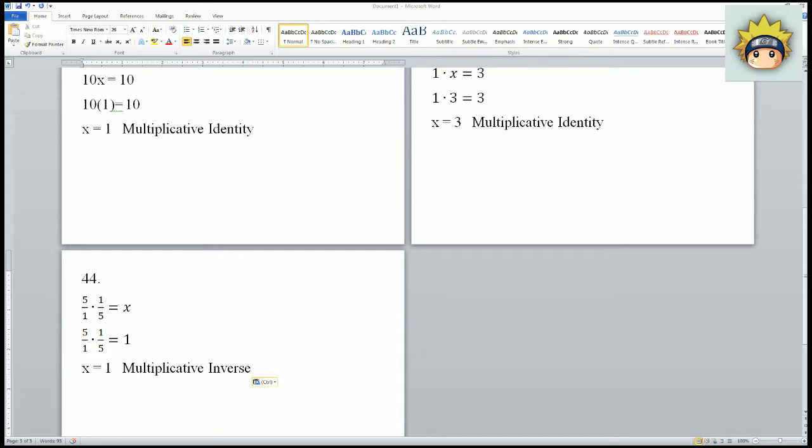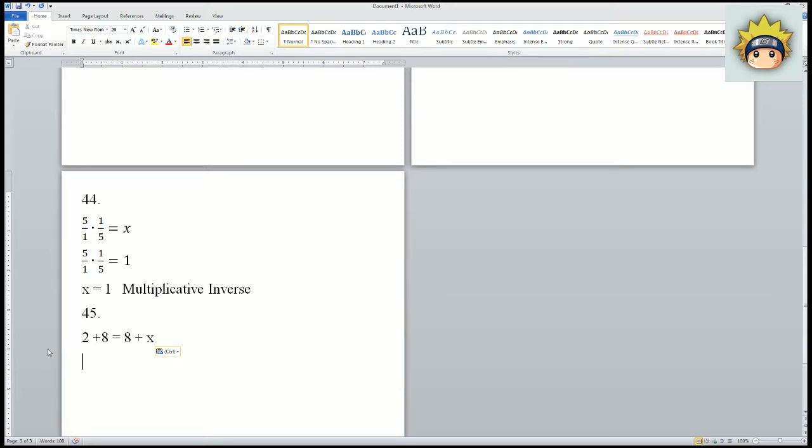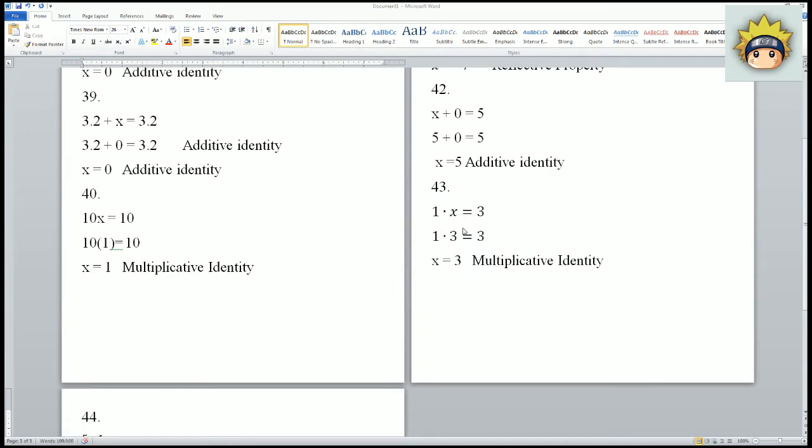Next, 45. 2 plus 8 equals 8 plus 2. Let me give you a visualization. There is a plus 8 here, and there is an 8 here, so you could see that as x equals 2.